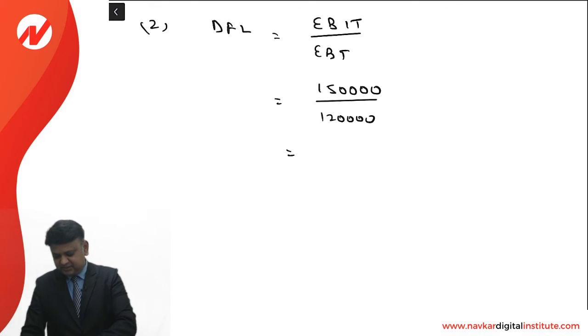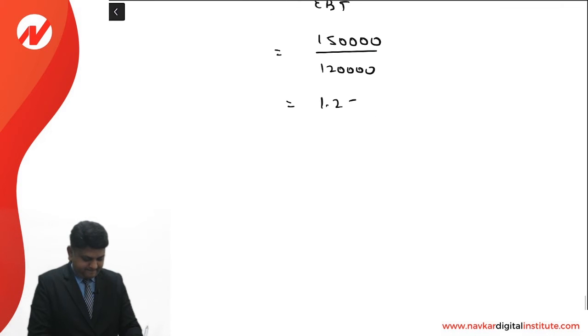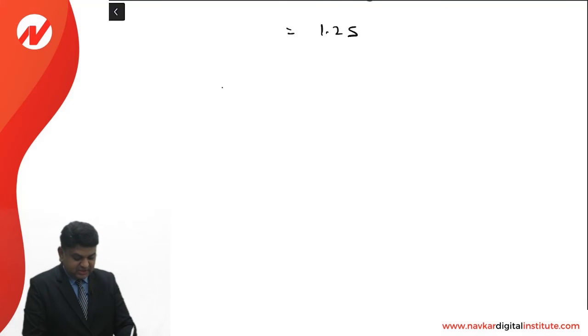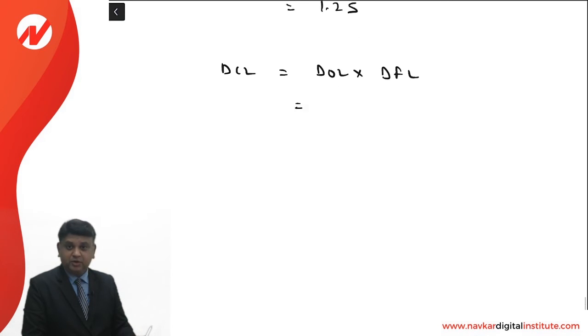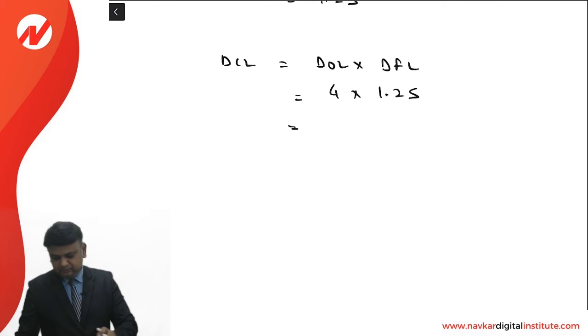So the answer is 1.25. The next leverage is DCL. It is DOL into DFL. So it is 4 into 1.25. That is 5.